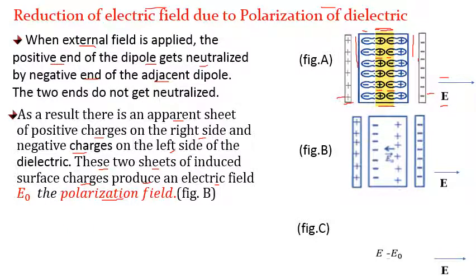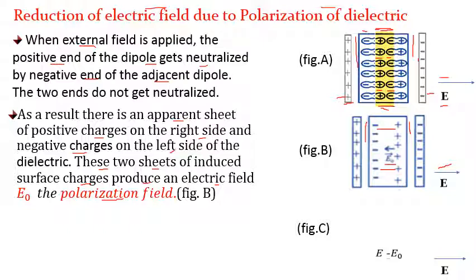Now see here, in this middle portion there is neutralization of the charges, means to this end negative charges are induced, while to this end positive charges are induced. Electric field inside is in this direction from positive to negative, while the applied field is in this direction, means both these fields are opposite. The field which is in this direction inside is indicated by this E0, and this E0 is called the polarization field.